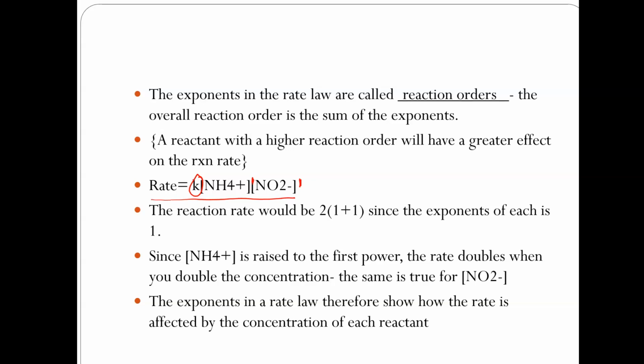Since NH4 is raised to the first power, the rate doubles when I double the concentration of NH4. If I also double the concentration of NO2, because it is to the first power, then I also double the rate. Okay, so those exponents in a rate law actually show how the rate is affected by the concentration of each reactant.